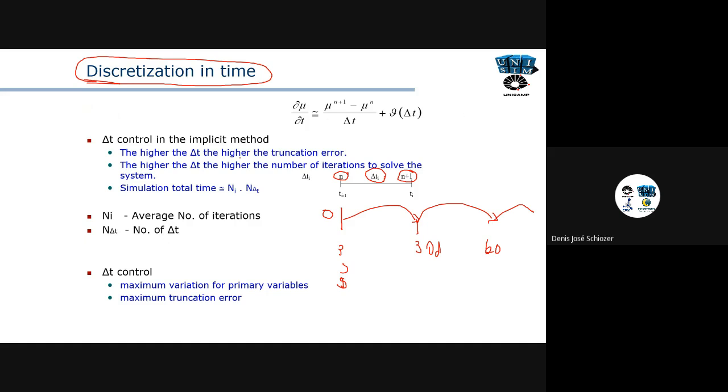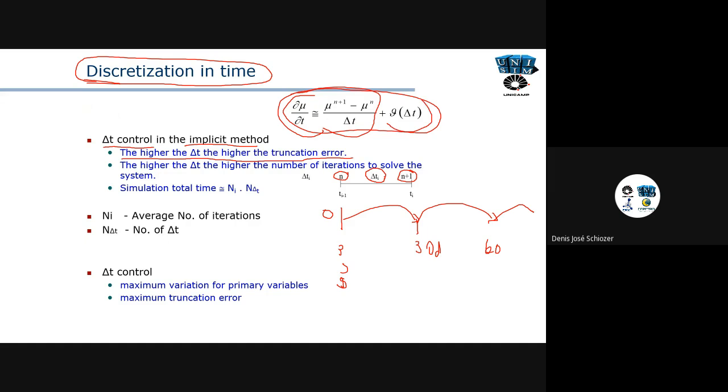Okay. But there are some important considerations about the discretization in time. The time step control is important, especially for implicit methods, because the higher the time step, the higher the truncation error. Do you remember that when we did the discretization of the variables in time, we used this simplification here: the variation in time of the variable is the variation divided by the time step.